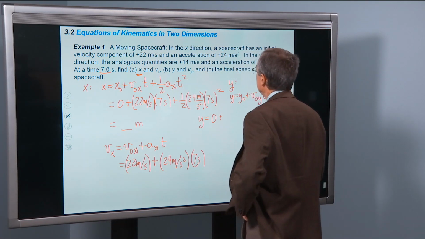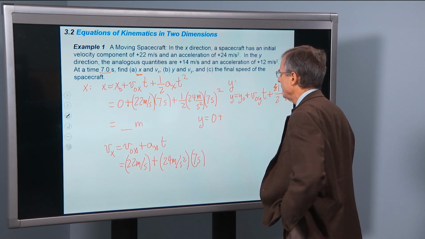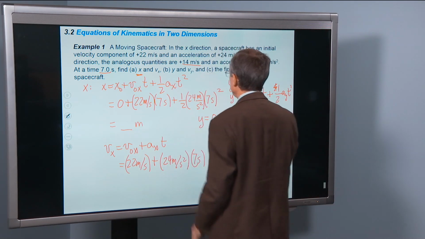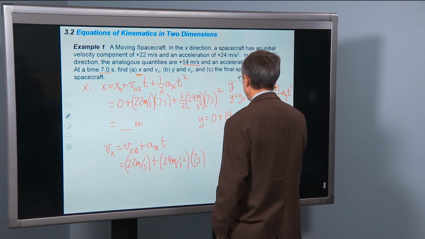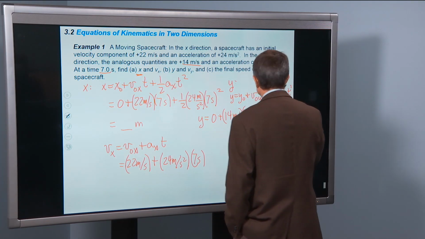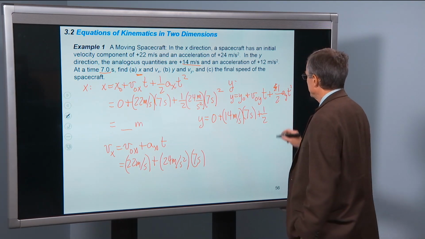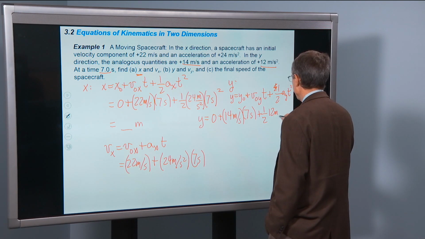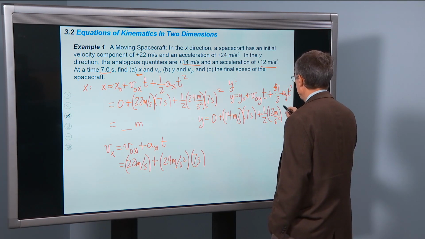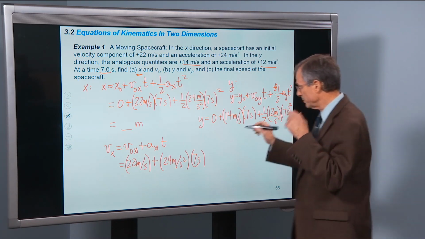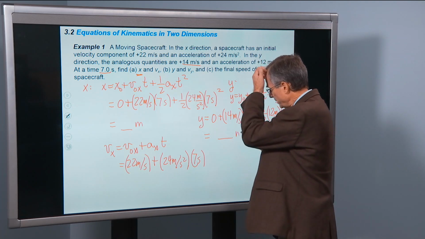Plus v naught y in the y direction. 14 meters per second is the initial component of velocity times 7 seconds plus 1/2 times the acceleration in the y direction, which is 12 meters per second squared, times 7 seconds quantity squared. Plug the numbers in and you get some number of meters.